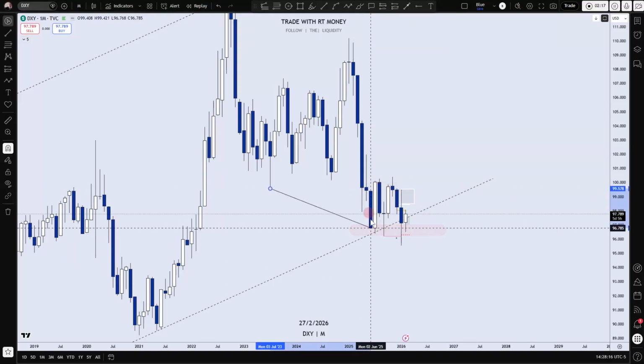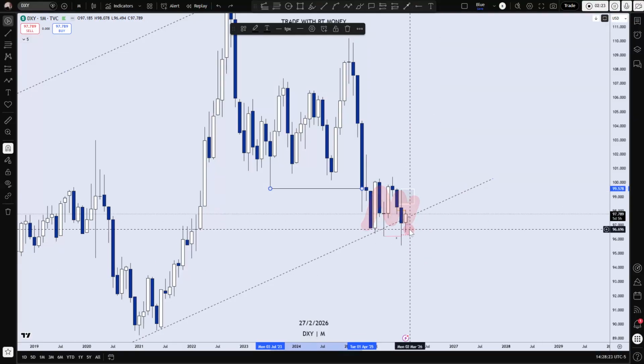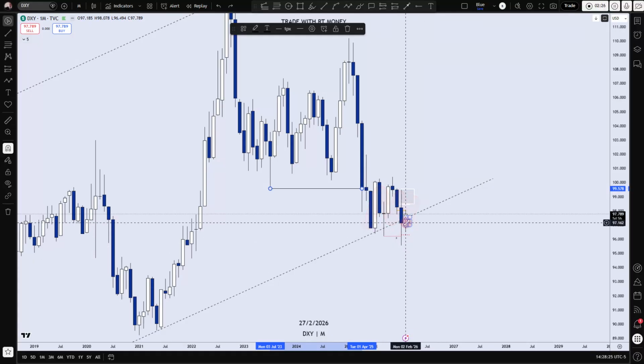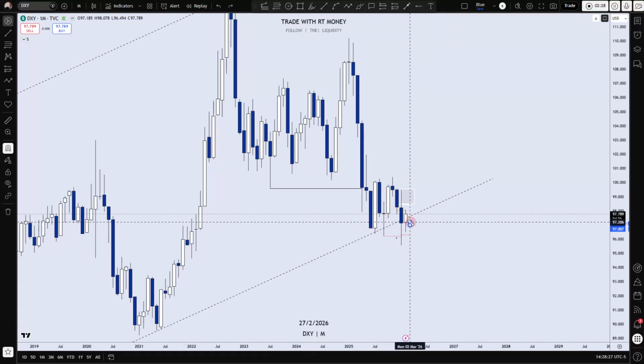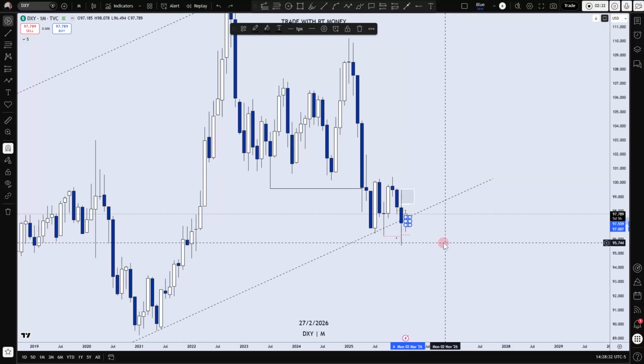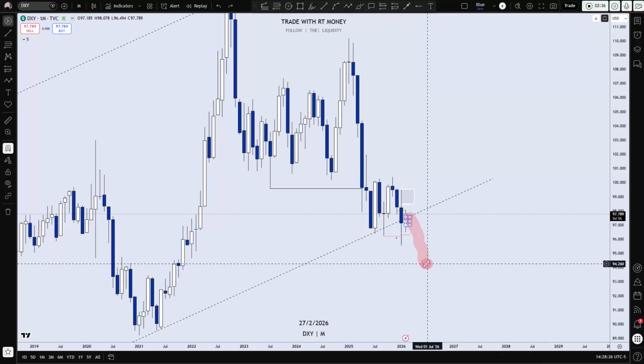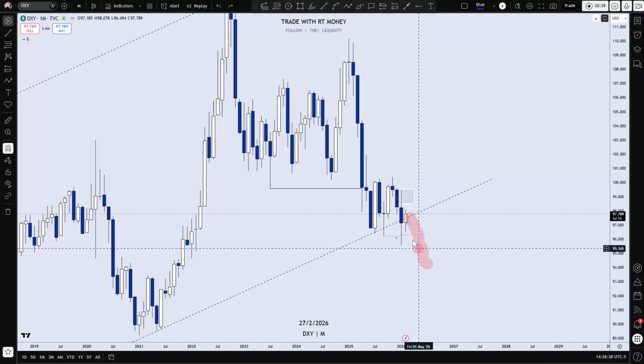The market has been moving sideways for how long now? Several months, right? But I want you to make some notes here that there is no follow through to the downside right now. At this moment, there's no follow through.